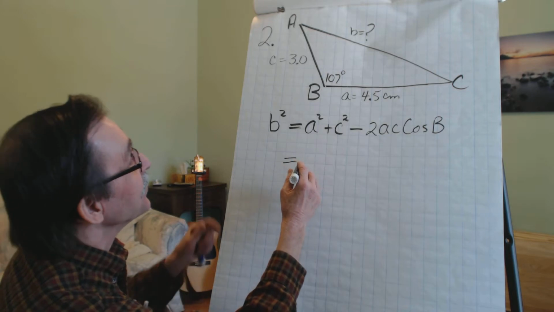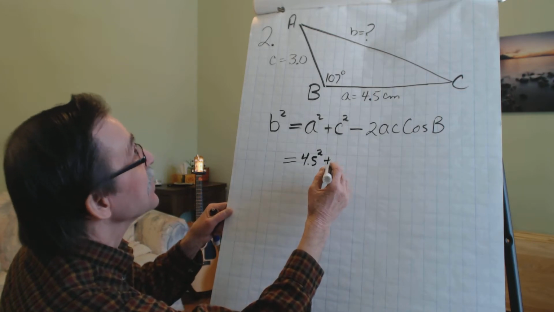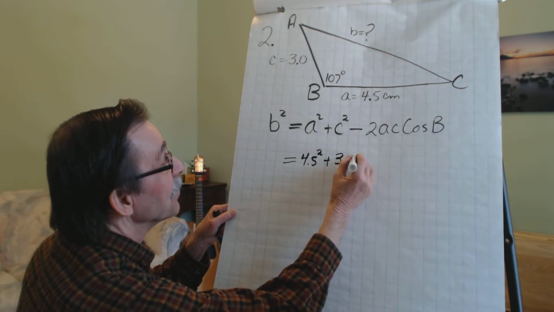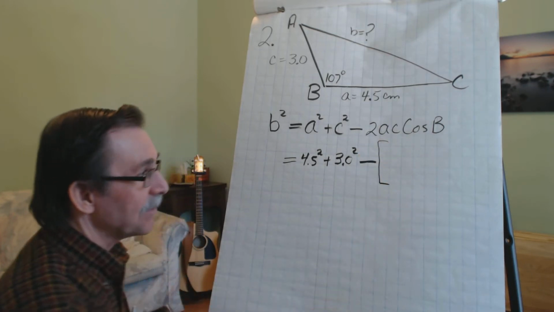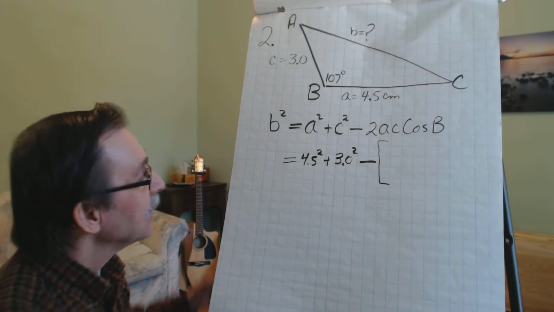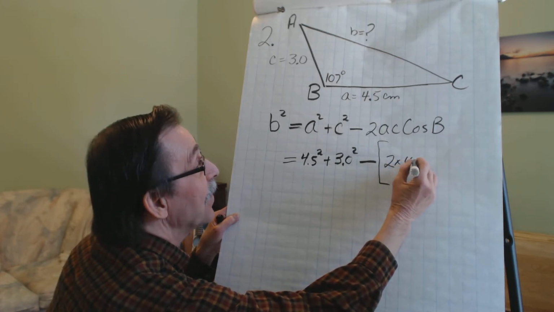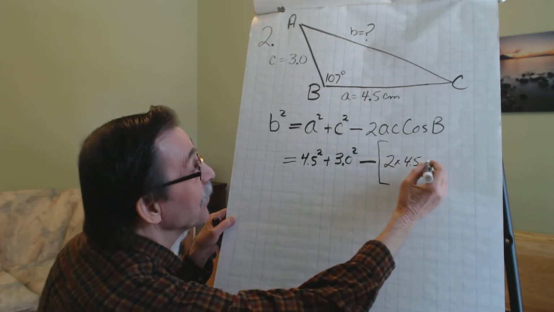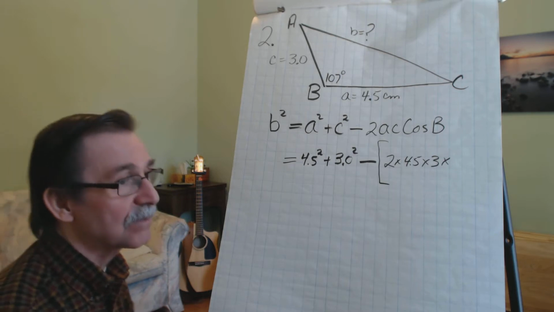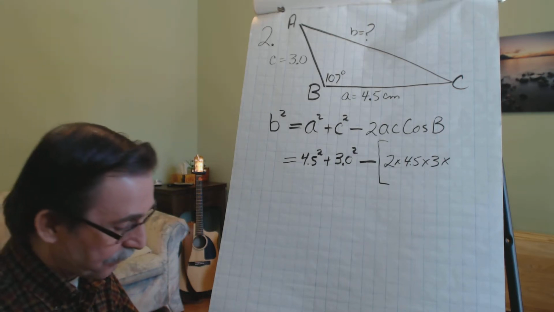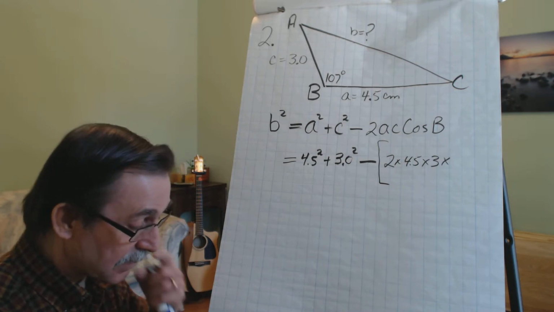We have a is 4.5, c is 3, oh, there's a 3.0 again, oh well, minus, and again I'm going to put this bracket in here just to keep ourselves kind of contained, and I'm going to go 2 times 4.5, not squared, just 4.5, times 3 times, okay, what is the cos of 107? Take a second, look that up. 107 cos. Okay, see it's negative?